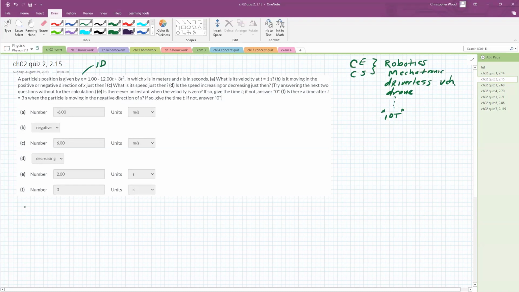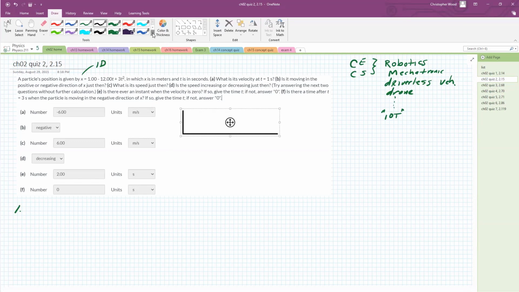So let's start going through this. Number one, well, you always need a picture. So here comes the picture that's always needed. Here's my particle. My particle is moving.